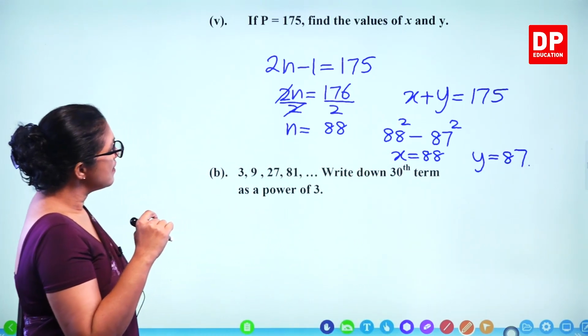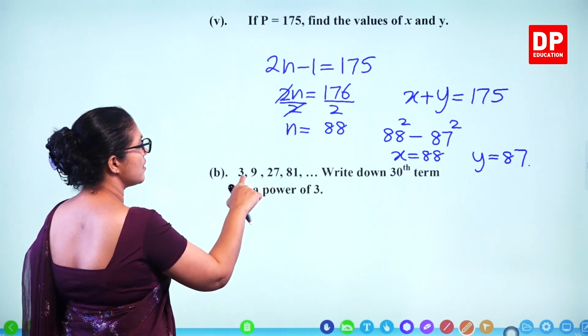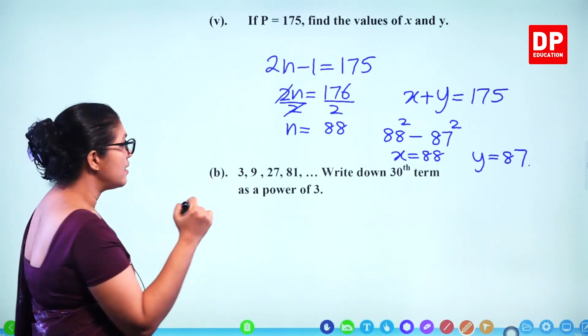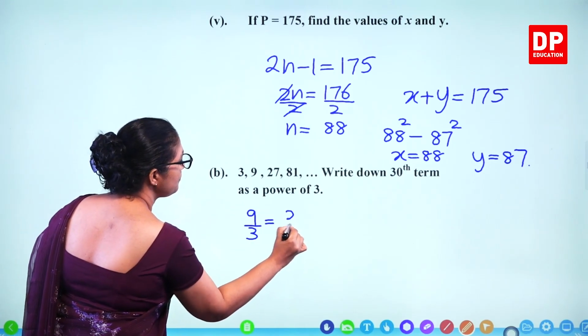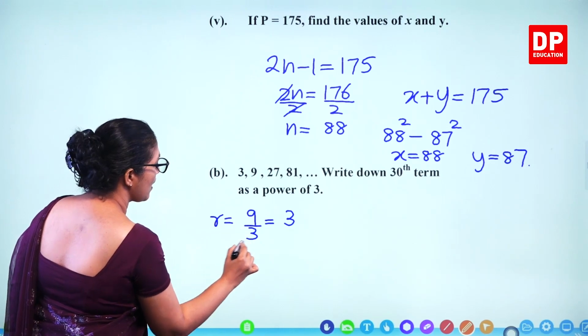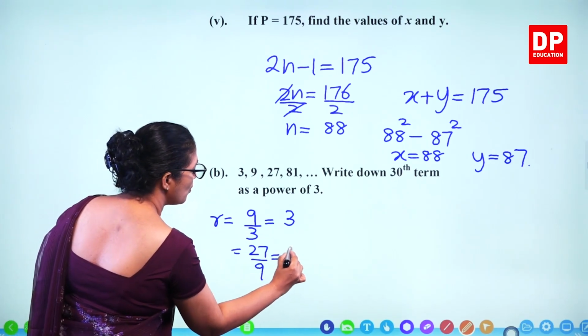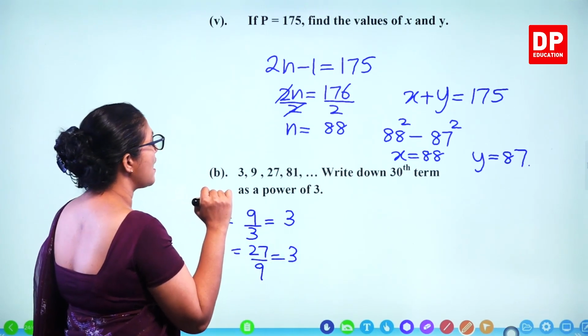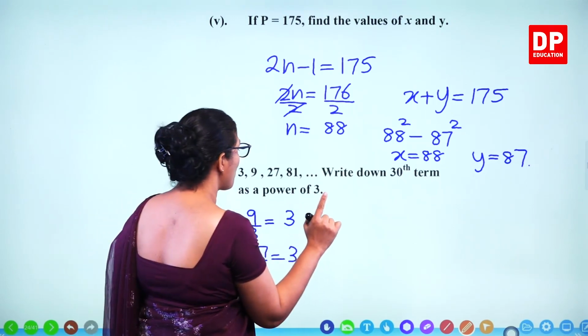And this is another question. So what is this progression? It's a common ratio is there. 9 over 3, or it's 27 over 9. Same ratio. So common ratio is there. So you can find out the 30th term. This is geometric progression.